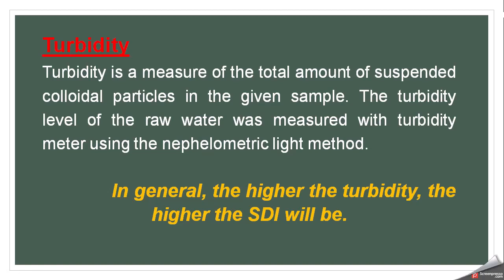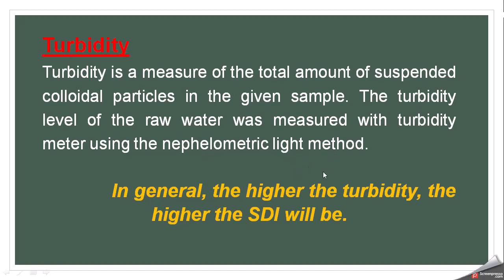Now we come towards turbidity. So what is turbidity? Turbidity is a measure of the total amount of suspended colloidal particles in the given sample, irrespective of their type. The colloidal particles basically reflect the light and we find the turbidity. The turbidity level of raw water is measured with a turbidity meter, very famous, using the nephelometric light method.